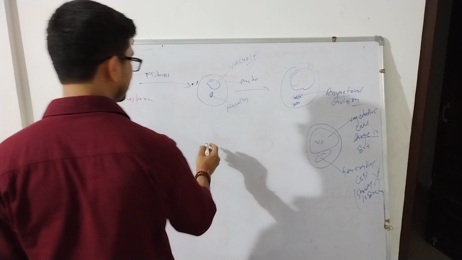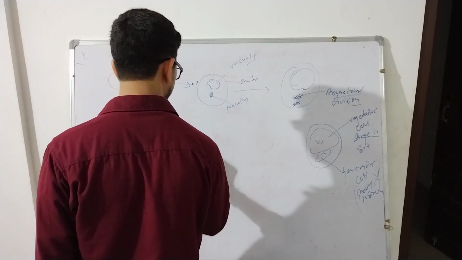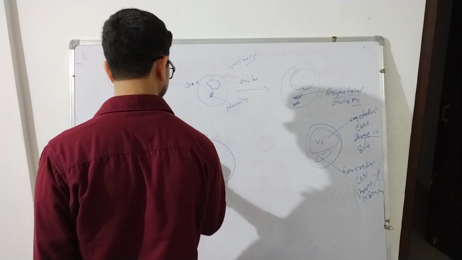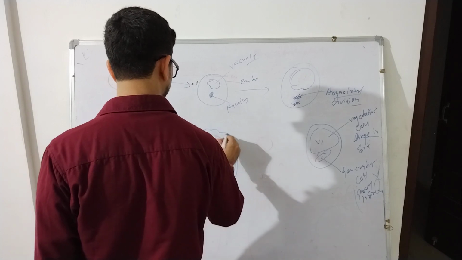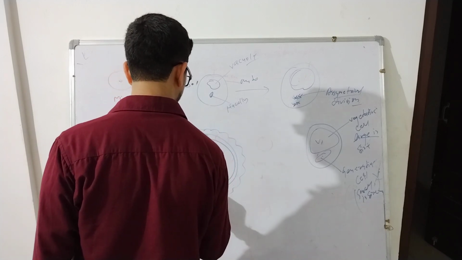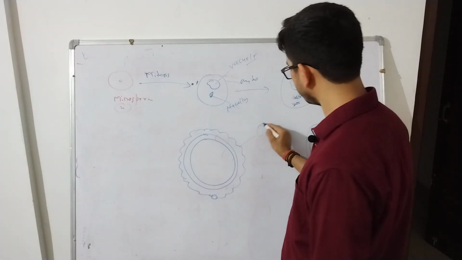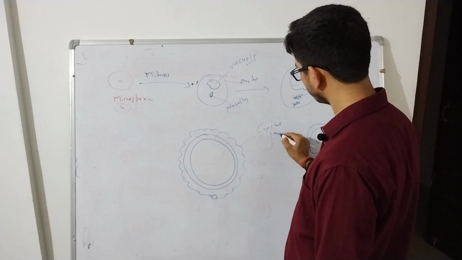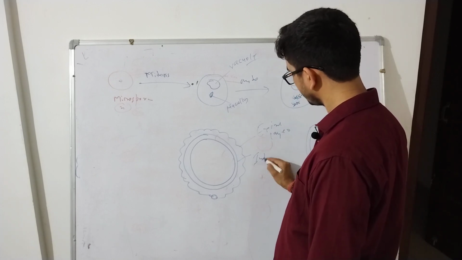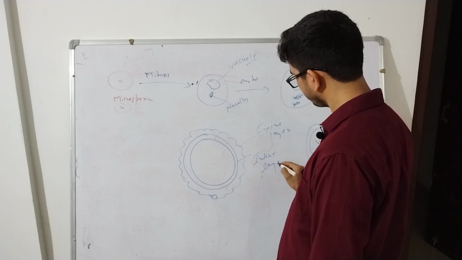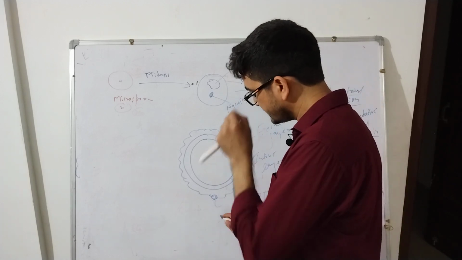So the pollen grain, how is the pollen grain? If we make a complete pollen grain, so that is the exine layer, outermost, and this is the intine layer, and this is the plasma membrane, and this is the germ pore.